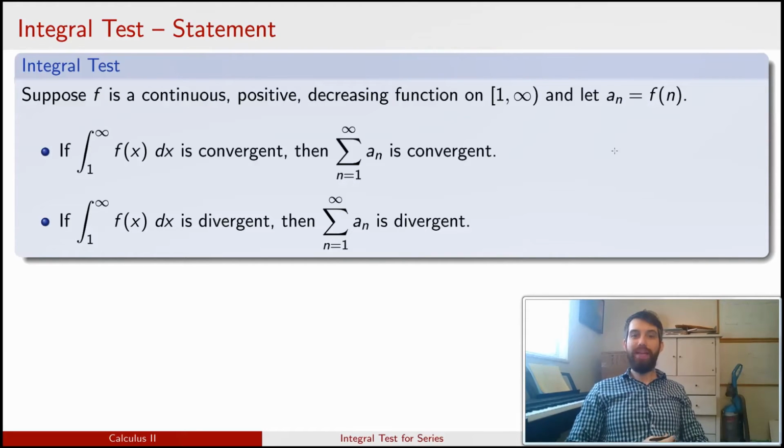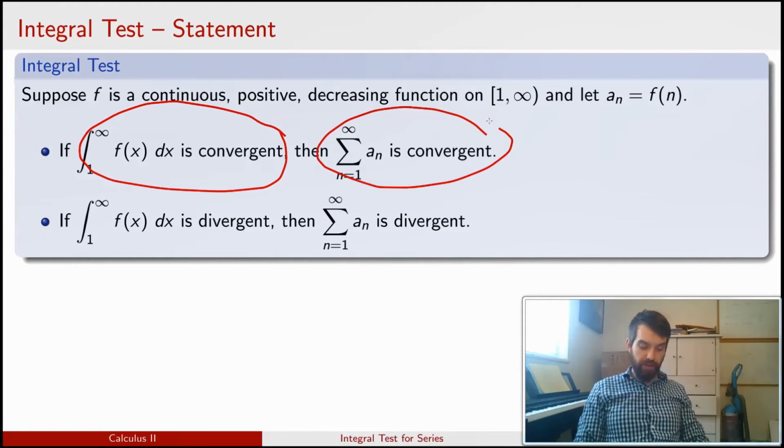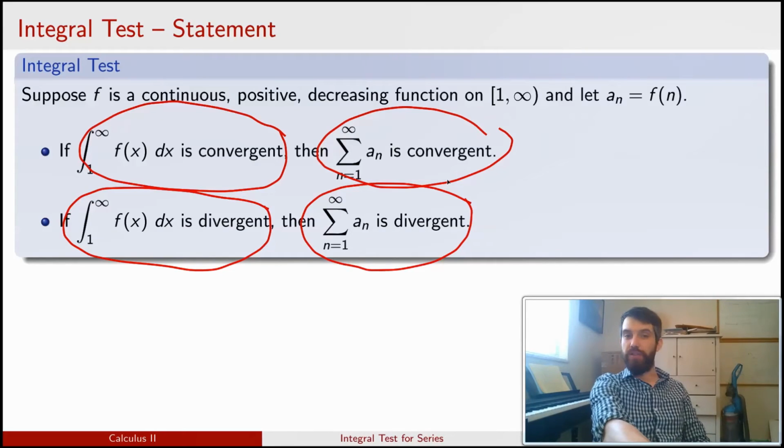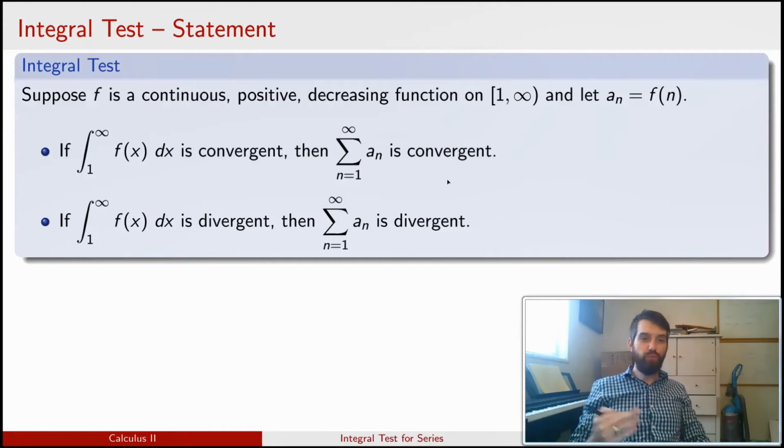If our function obeys a bunch of properties, we'll talk about in a moment, then if the integral converges, you get that the series converges, and if the integral diverges, then the series is going to diverge. So in other words, this is a really strong relationship between what the improper integral does and what the series does.